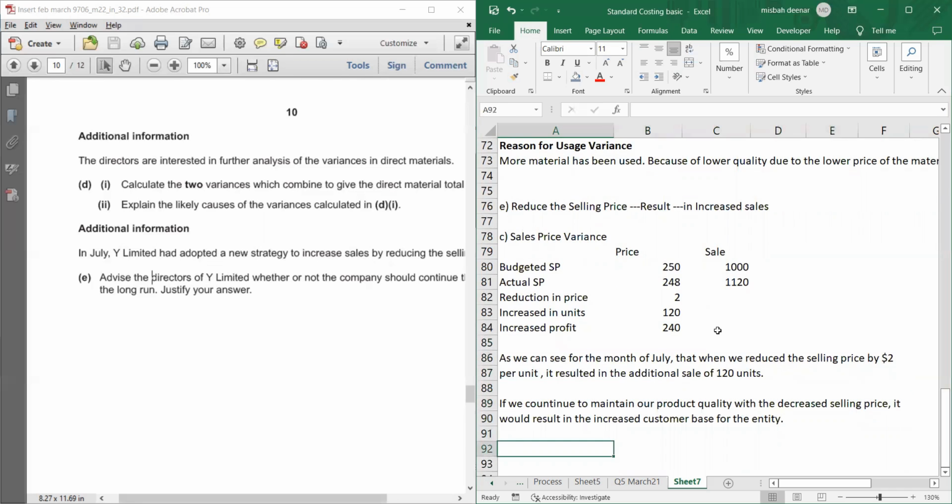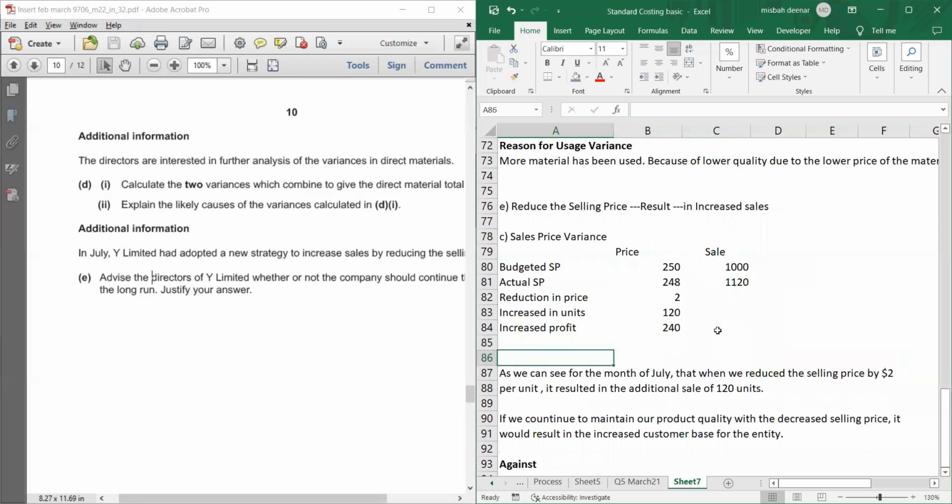Then the disadvantages: this was the advantage, or the argument for, and now against, the disadvantage.